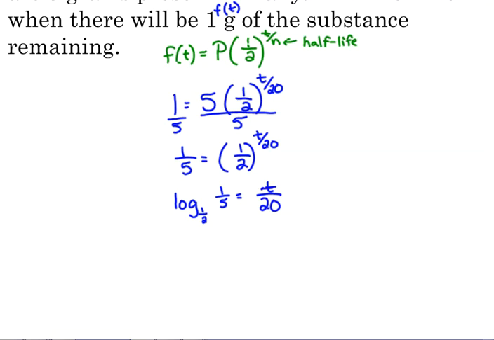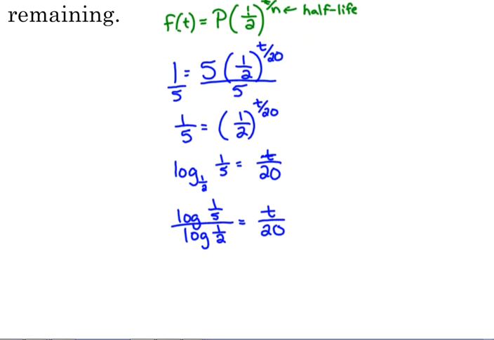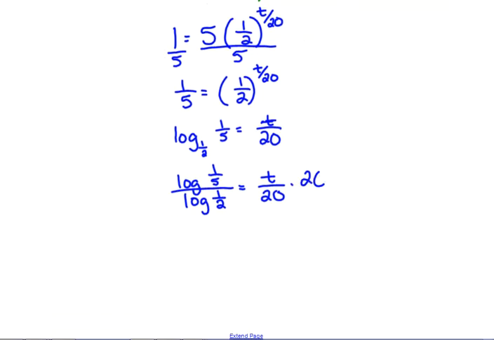So we've got log base 1/2 of 1/5 is equal to T over 20. Let's go ahead and do our change of base. Don't forget that. And then what do we do to get our variable by itself? Multiply by 20.